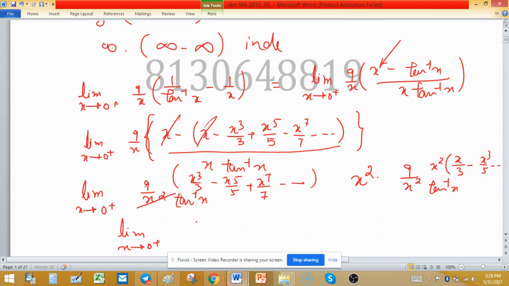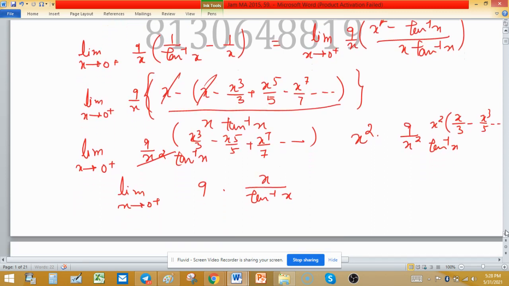So we have 9 into x upon tan inverse x, and this is again an indeterminate form.